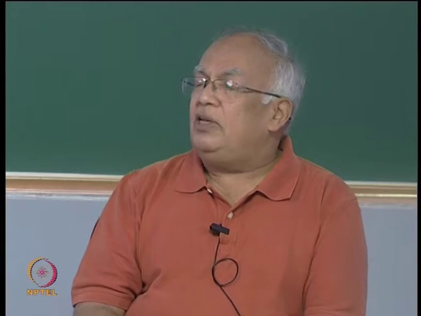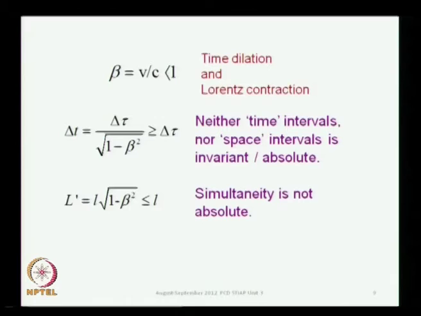Neither the time interval nor the space interval is absolute, and they depend on the state of the observer, and it leads to what is referred to as time dilation and Lorentz contraction. So, we have to modify our perception of time and space intervals.